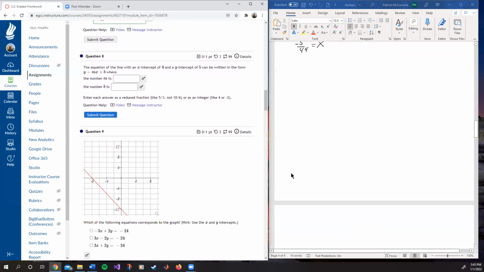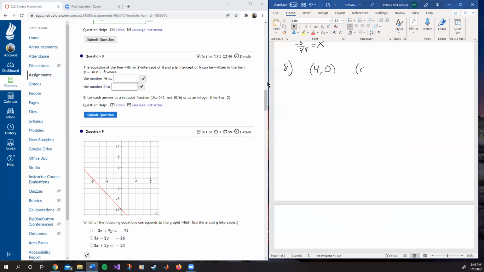All right, question number 8. Scroll down the page here a little bit. So number 8. Again, this is my scratch paper over here on the right. The equation of the line with the x-intercept of 4 and a y-intercept of 5 can be written in the form y equals mx plus b. All right, so we're given the x-intercept of 4. So in terms of points, that means what? X-intercept is 4, so (4, 0).